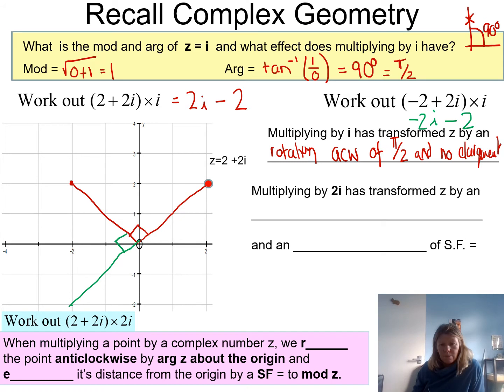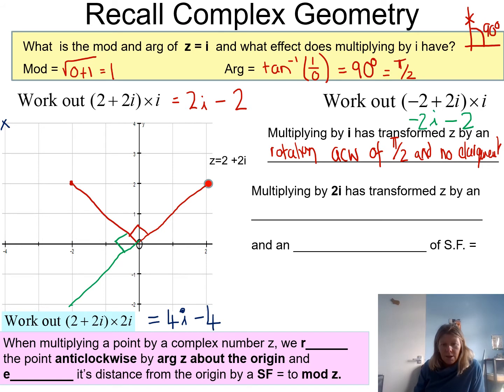Pick one blue. So if you were to work out timesing by 2i, 2 times 2 is 4. I did that without a calculator. And then minus 4. So if we were to times this thing by 2i, this is what we get. We get minus 4 and up 4 on there.